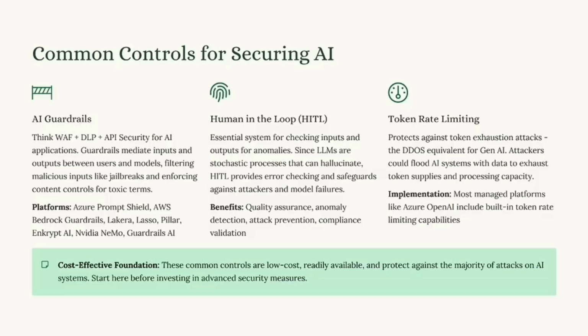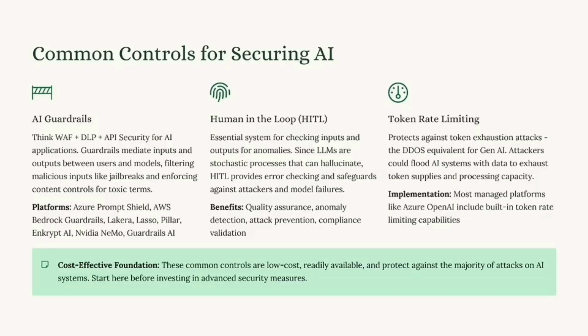So for all of you, you guys are all familiar with DDoS. These tools tokenize every input. If you give it a massive input, that's a massive amount of tokens that it has to generate. You can give it a massive input that would drain all the tokens out of the system.